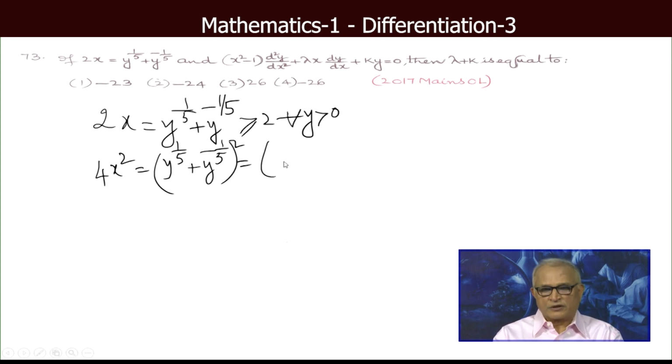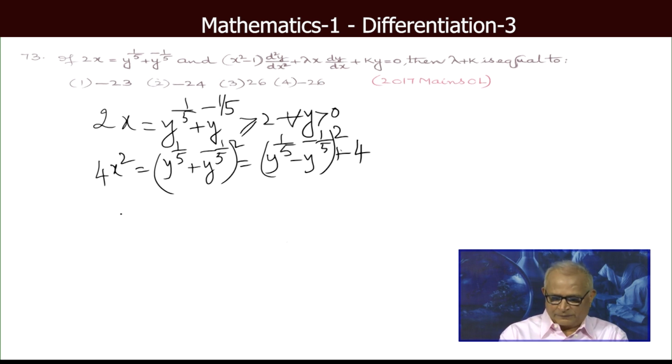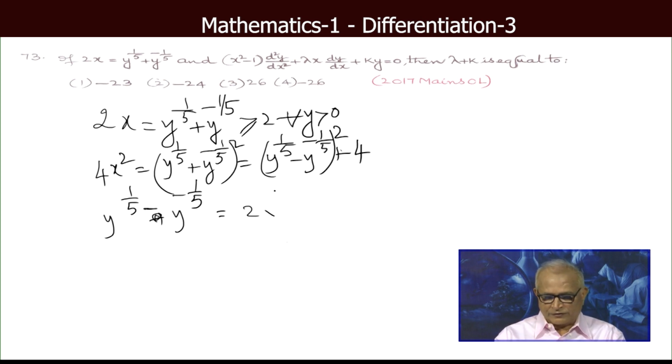Then a plus b whole square is a minus b whole square plus 4ab. ఈ 4 ఇటం తీసుకెడదాం. సో therefore y power 1/5 minus y power minus 1/5 is equal to 2 into root of x square minus 1. ఫాలో?